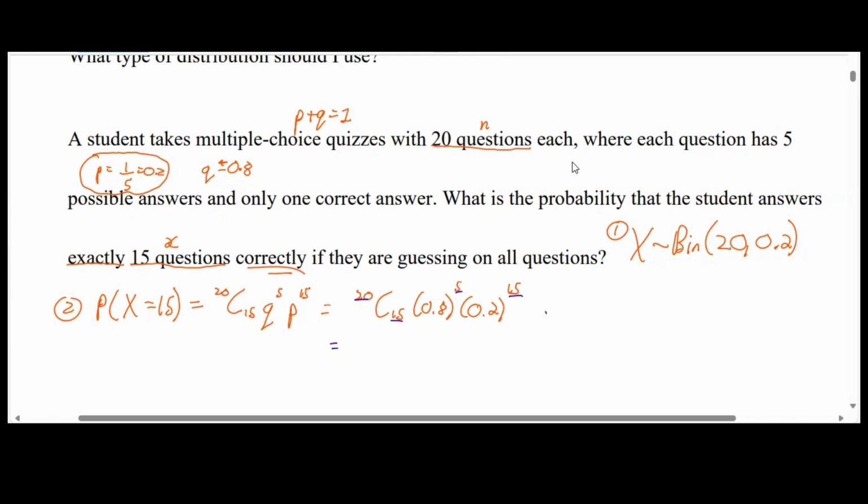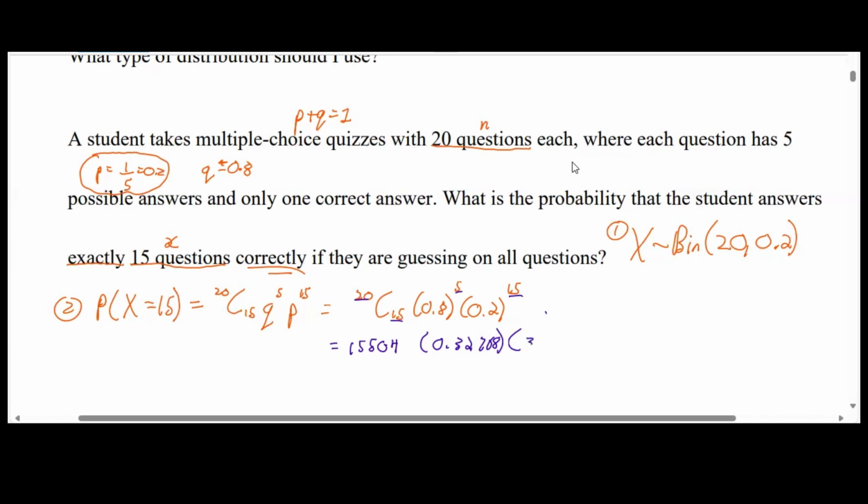So 20, shift, you can look for the C. So it'll be 20, C, 15, so it'll be this here. Then you multiply that by 0.8 to the power of 5, 0.32768, then 0.2 to the power of 15.